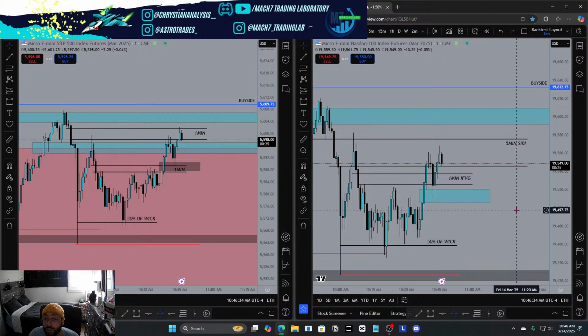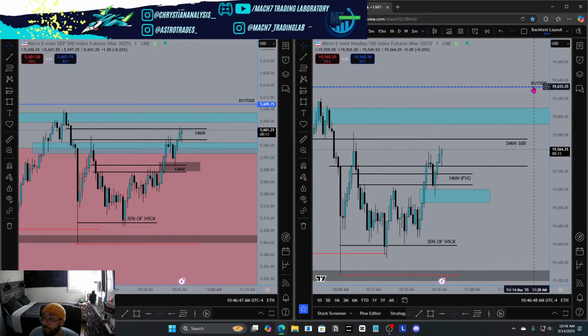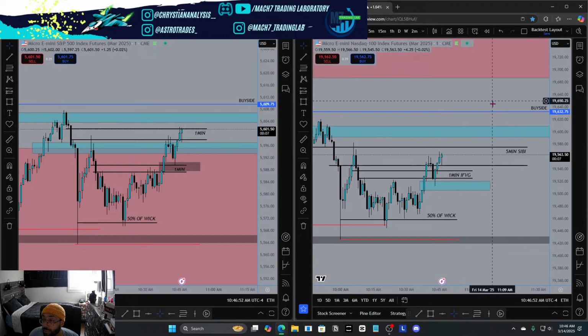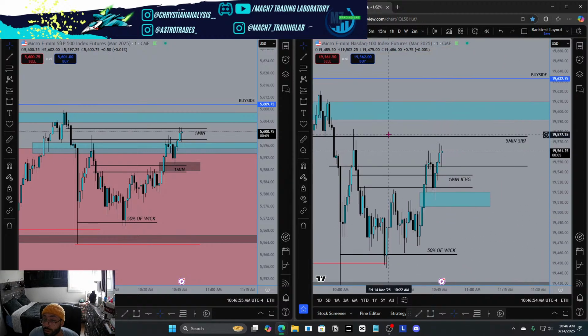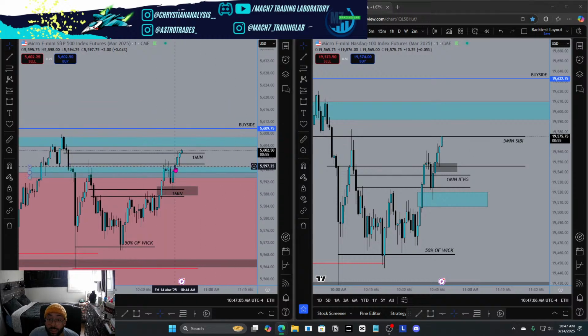So if she does, then we possibly may be rejecting off here and leaving these, or having ES just take it, and by the time we have NQ taking out these buy side, she's just gonna be aggressively moving up higher. So another area in here we're gonna go ahead and mark up. I'm not gonna do it here because it's already too much. So pay attention to these buy side here for ES.